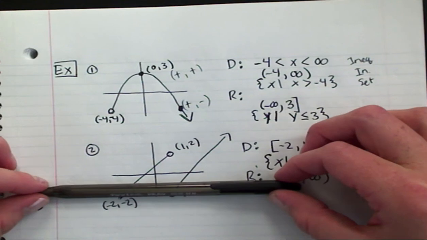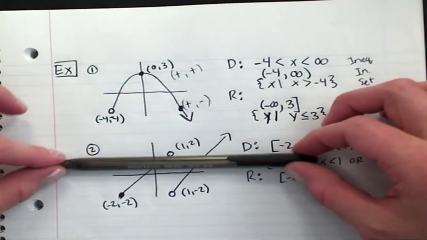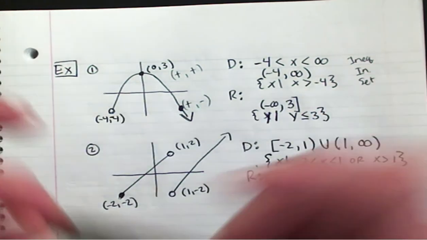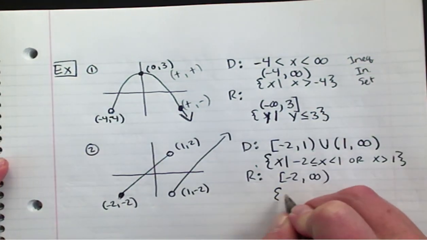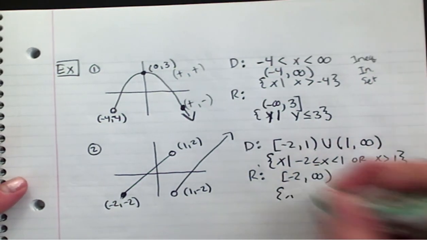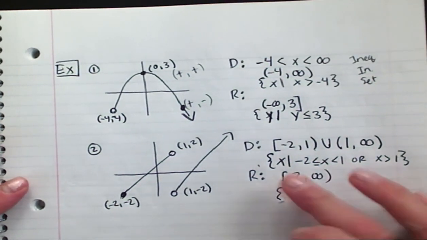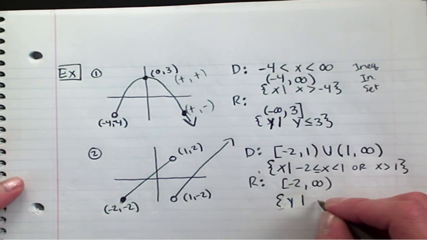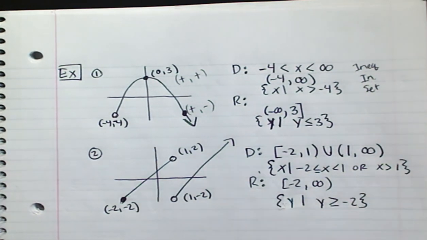Basically, if it touches that horizontal line once, it's going to be included. You just have to look at multiple places. Oh, Y, it's range. Okay, there you go.